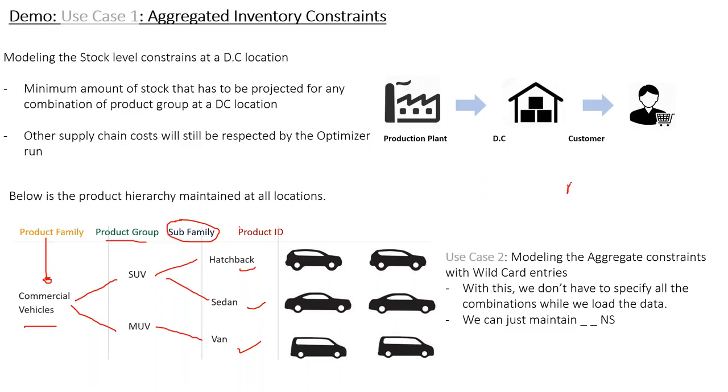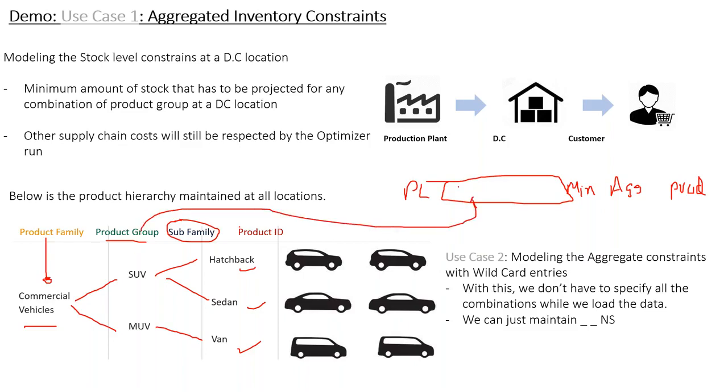Now we'll create this min aggregate production at a level. If this is a planning level, we make sure that we include the product group here. So the planner will always see a product group.